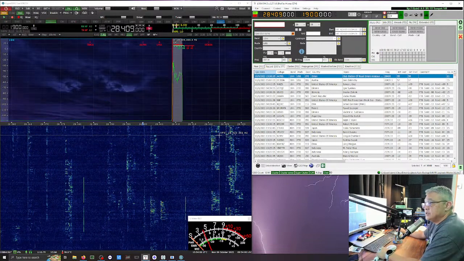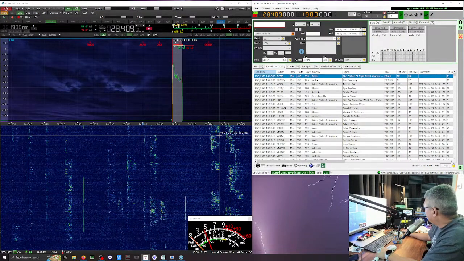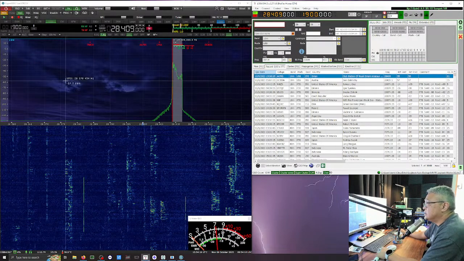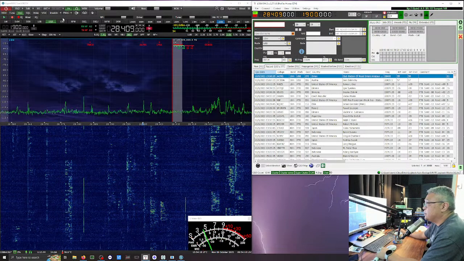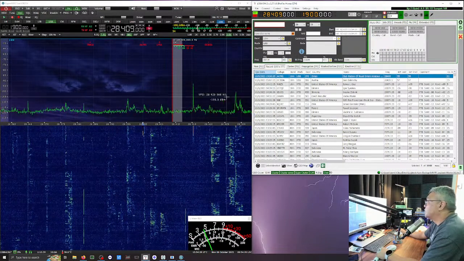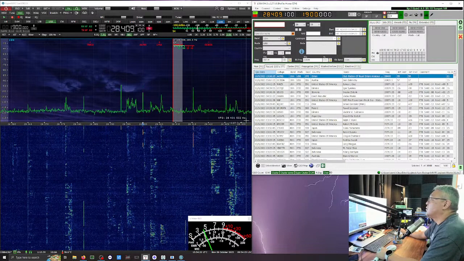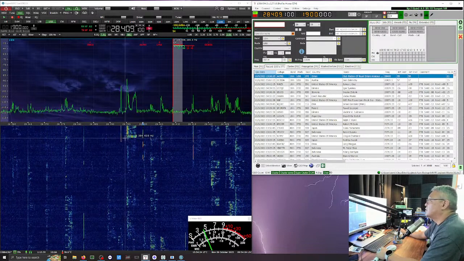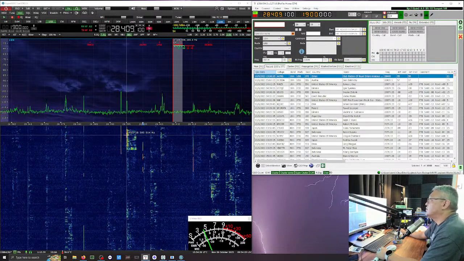Hello CQ, CQ 10 meters. This is November 4, Victor Foxtrot Romeo, calling CQ 10 and standing by. Must be Mike still. He's strong.